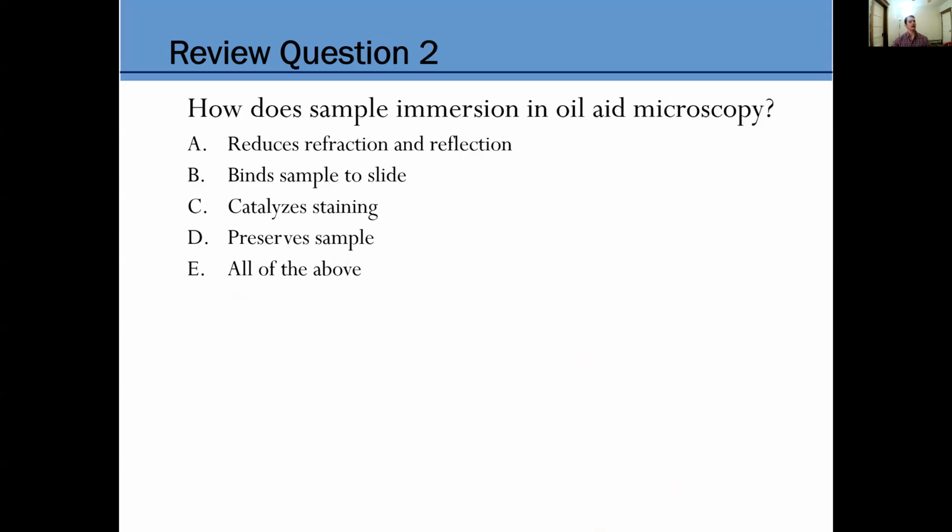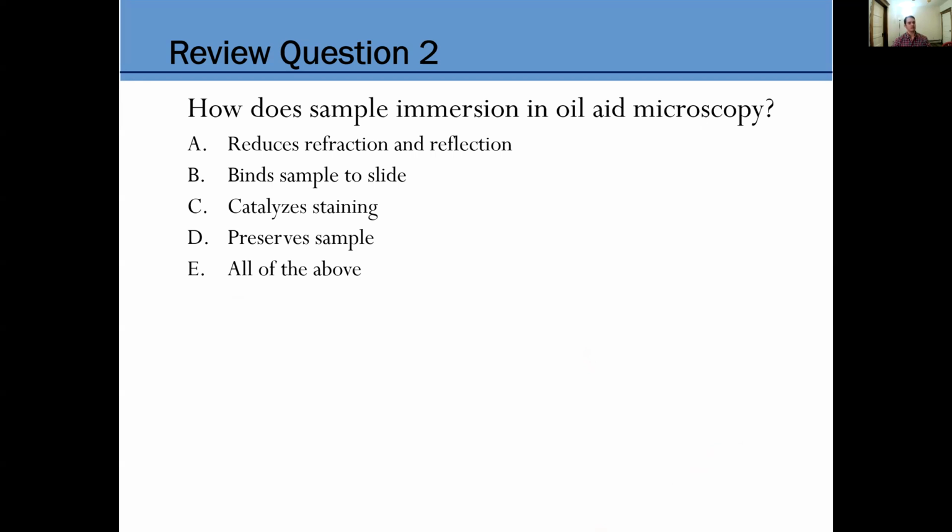Moving on, how does sample immersion in oil aid microscopy? Does it reduce refraction and reflection? Does it bind the sample to the slide? Does it catalyze staining? Does it preserve the sample, or does it do all of the above? Again, I'm going to give you guys about 10 seconds for this.